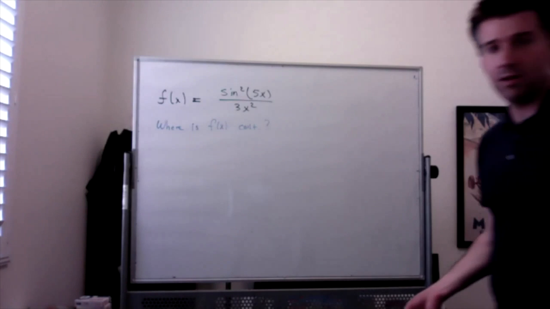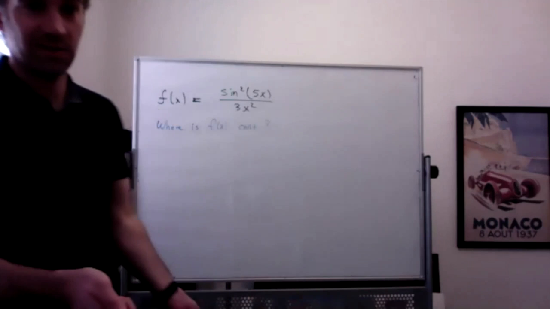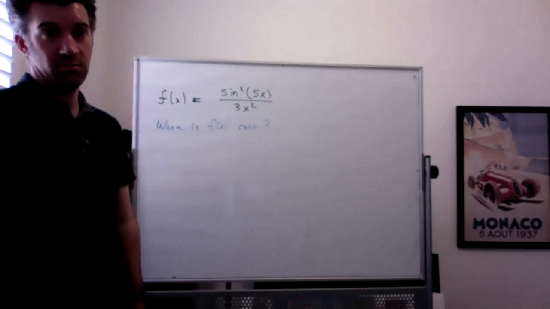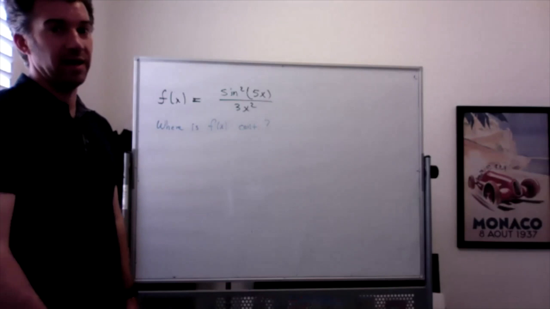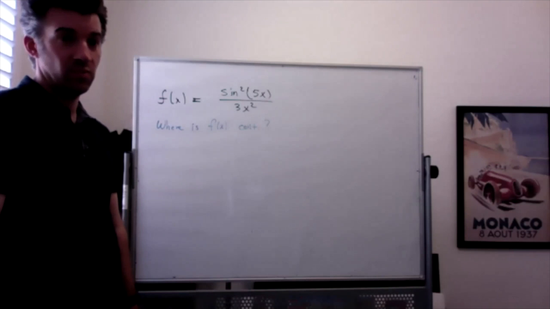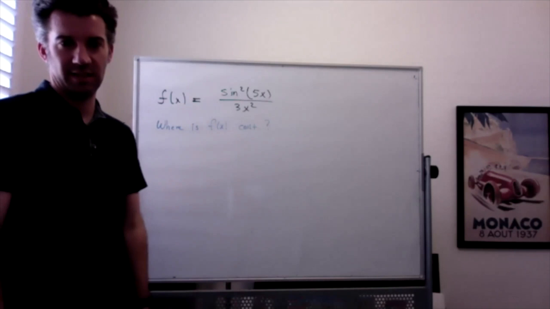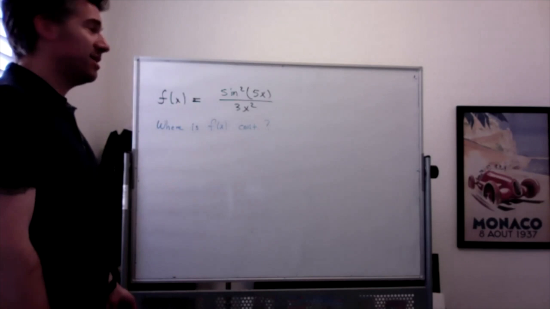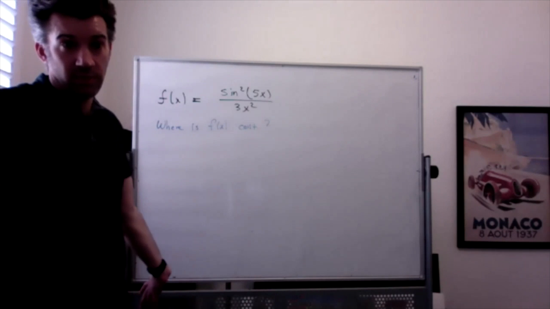Okay, so you know what my question really is. Where is this function not continuous? I bet you guys have a guess. Where is at least one place where this is discontinuous? Yeah, exactly. And it's actually continuous everywhere else, right?